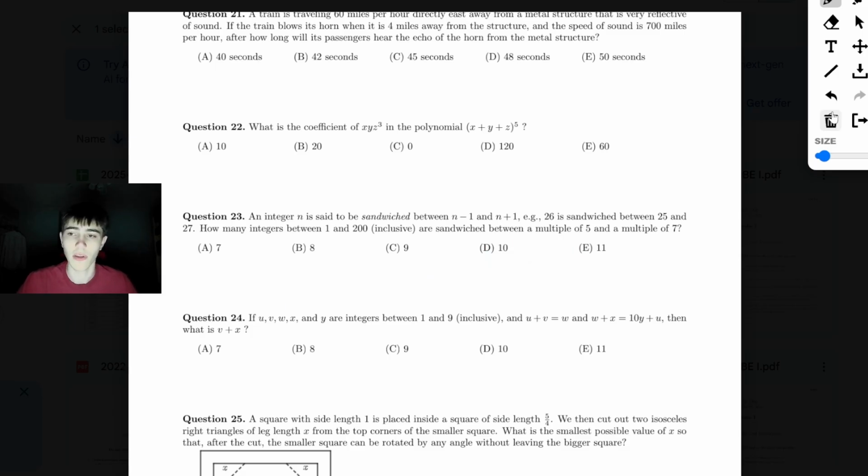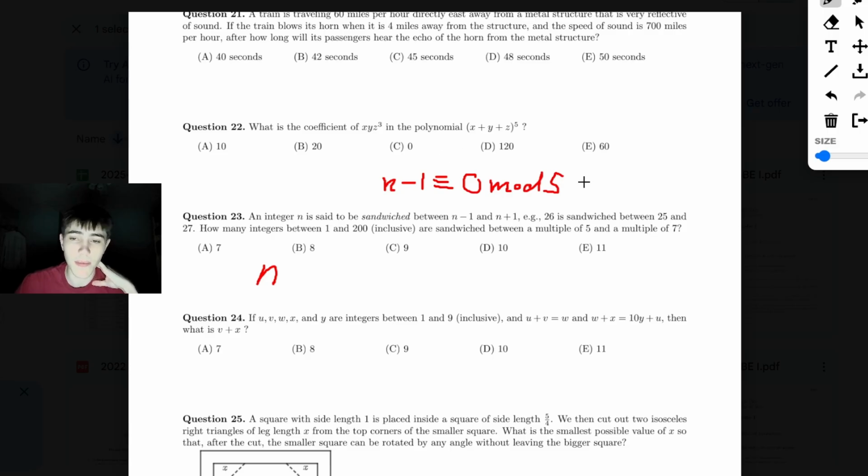Okay, so we want n to satisfy this. Let's break this up into different cases. First, let's look at when n minus 1 is a multiple of 5. So if you remember modular arithmetic from before, n minus 1 is congruent to 0 mod 5, which just means it has remainder 0 when divided by 5.